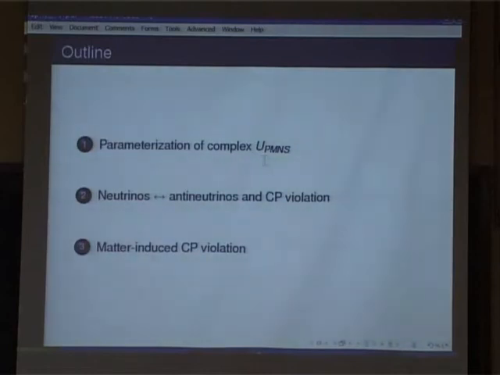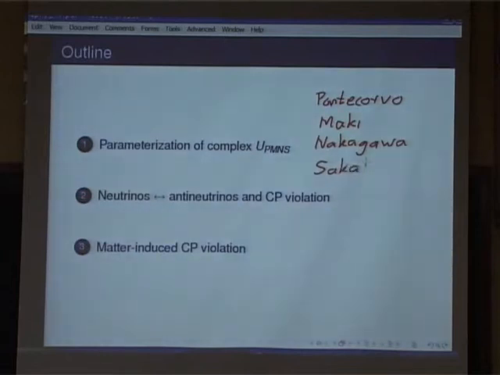The mixing matrix by the way is called U_PMNS, standing for Pontecorvo, Maki, Nakagawa, and Sakata. They came up with this parameterization for the U_PMNS.